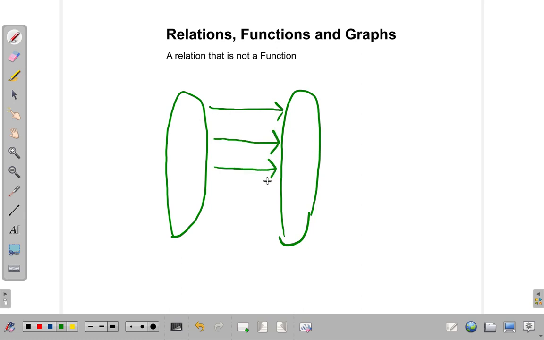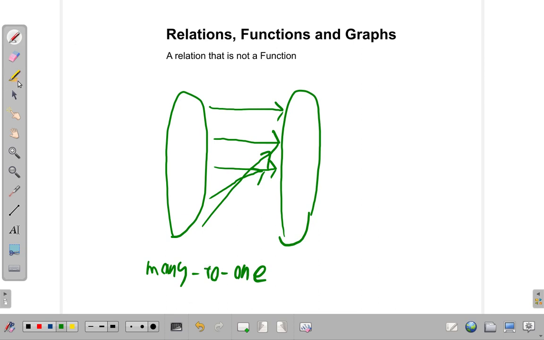Another one mapped to one number. This one is mapped onto this same number. This one is mapped onto this same number. What we have is a many-to-one mapping. Many-to-one. The one-to-one is a function, and the many-to-one is also a function.